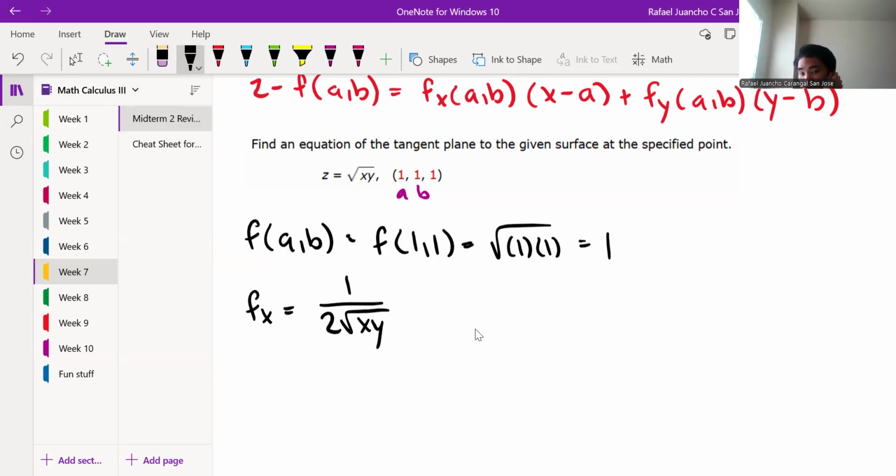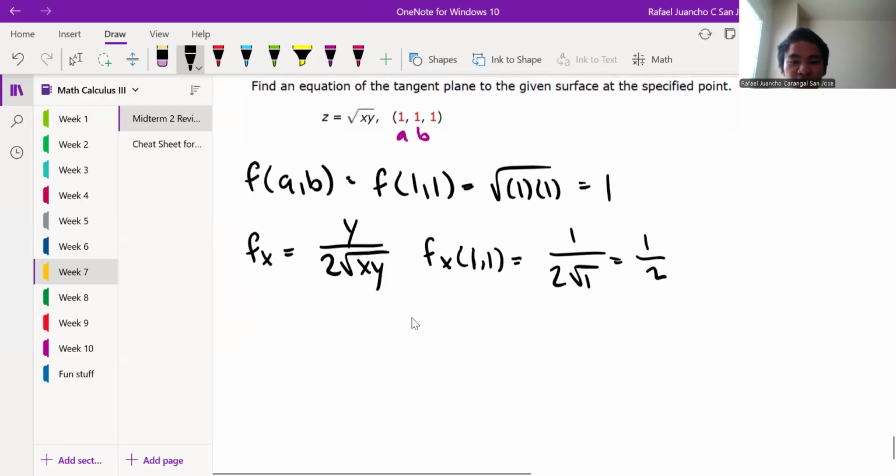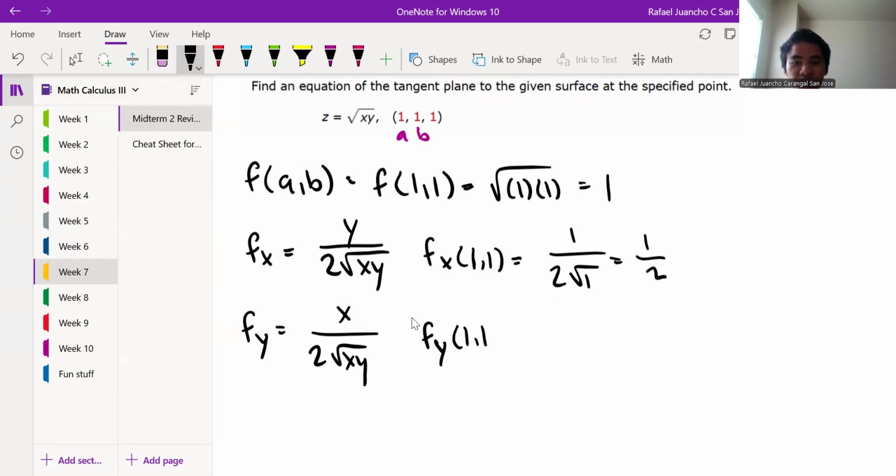Then we do the chain rule of xy, which is just going to be y. So I'm left with this thing. If I get the partial at that point, then I have 1 over 2 square root of 1 times 1, which gives 1/2. And then now I do f sub y. Again, it's this thing, but instead of y, I change it to an x. So my f sub y at this point is 1 over 2 square root of 1 times 1 again. So I get 1/2 for both.